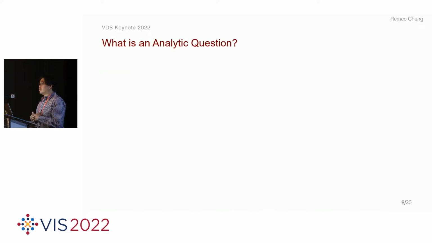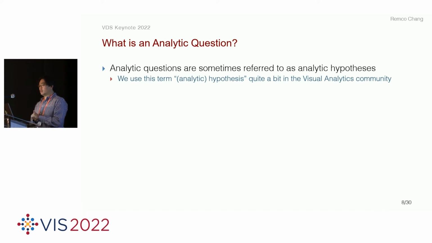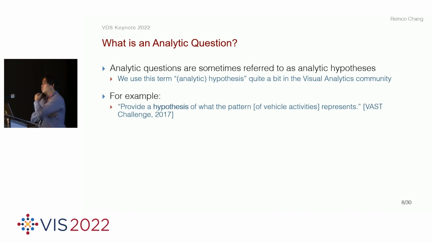But first, let me just give an intuition about what I mean when I say analytic question. What I mean by analytic question is very often referred to as analytic hypothesis in the visual analytics community. We use this term quite a bit, and we mean it in a slightly loosey-goosey way. So for instance, here's a statement from the VAST Challenge 2017 where it says, provide a hypothesis of what the pattern of vehicle activities represents.